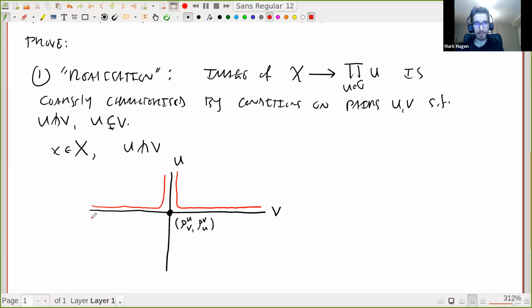There's a certain fixed constant that's independent of all the U's and V's and X's. And the projection of X has to land in that thickened up cross.